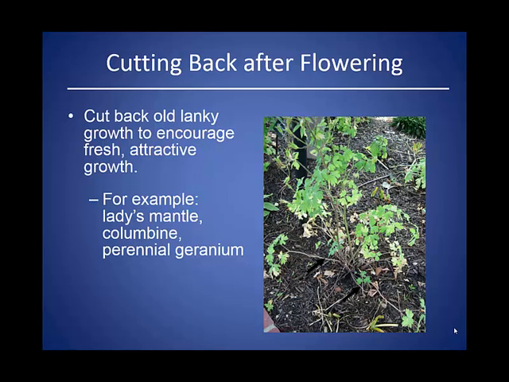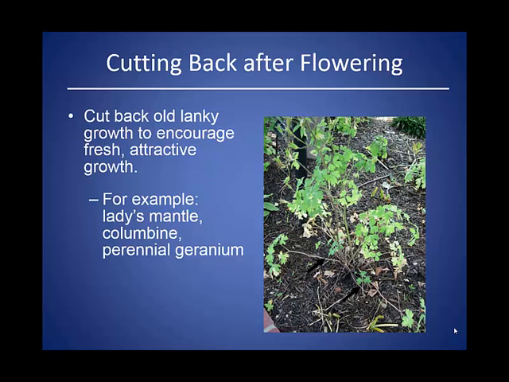You can also cut back, like this is columbine, and after it flowers, it just sort of looks cruddy. It looks all spent and lanky, and it'll hang out there like that, but you can cut it back and it'll put out a new flush of growth that's a lot more attractive. Columbine gets the columbine leaf miner, which is a little bug that eats between the layers of the leaves, and it looks like a snail trail almost through the leaf.